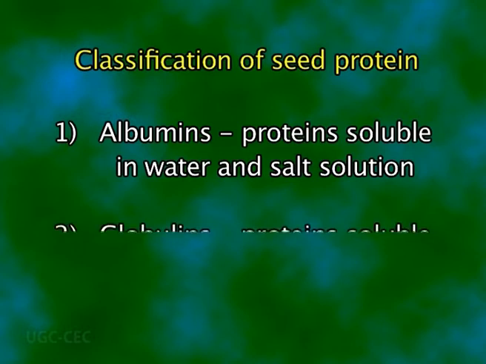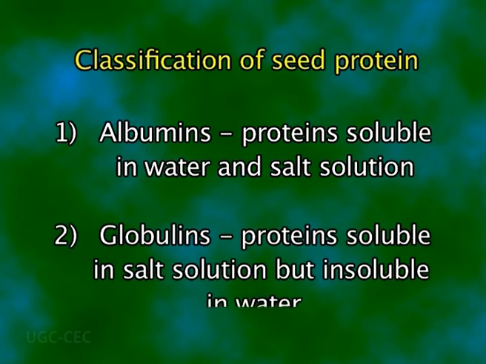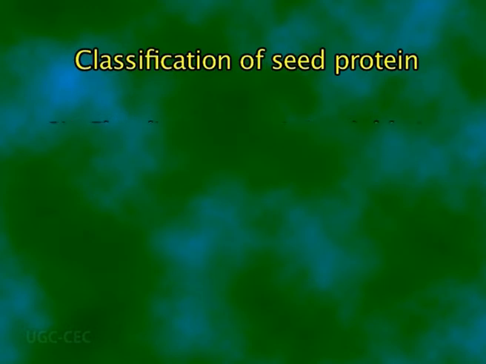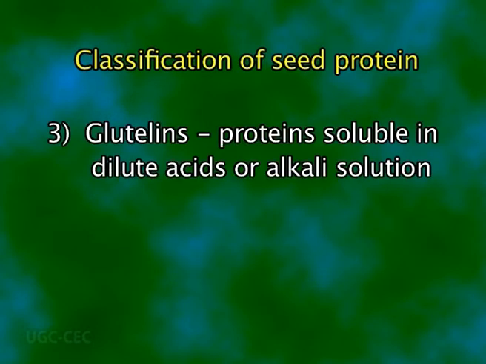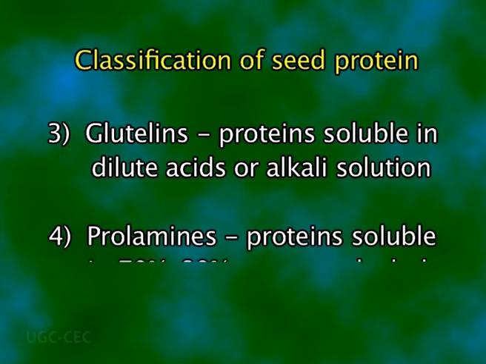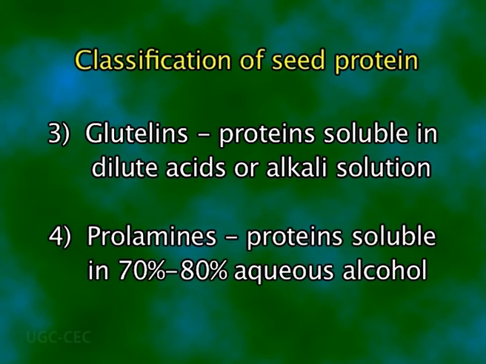Second, globulins. These are proteins soluble in salt solution but insoluble in water. Third, glutenin proteins. These are proteins soluble in dilute acids or alkali solutions. And fourth, prolamines. These are proteins soluble in 70 to 80% aqueous alcohol.